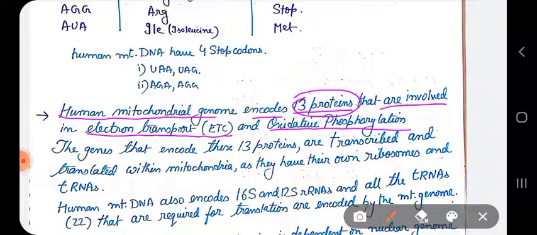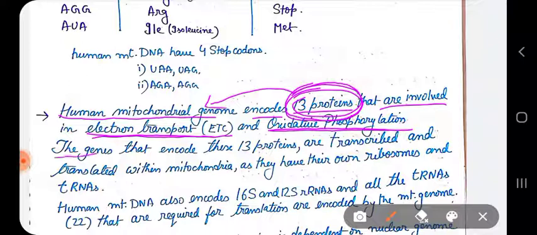We have studied the electron transport chain and oxidative phosphorylation in higher school, and how it breaks down to get that ATP. So out of the different proteins involved, the 13 proteins that are needed for the electron transport chain and oxidative phosphorylation are encoded by the mitochondrial genome.